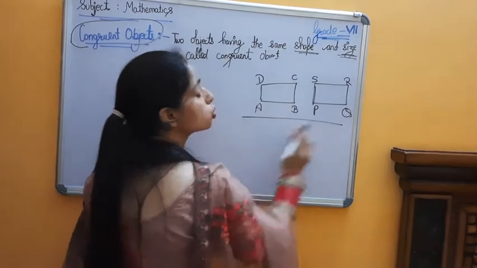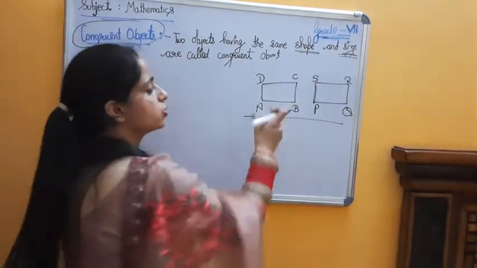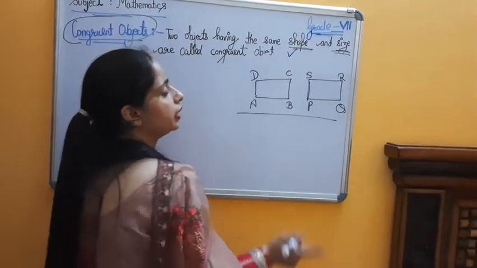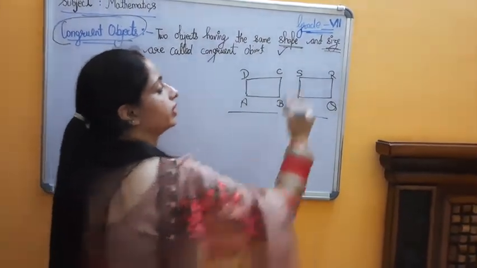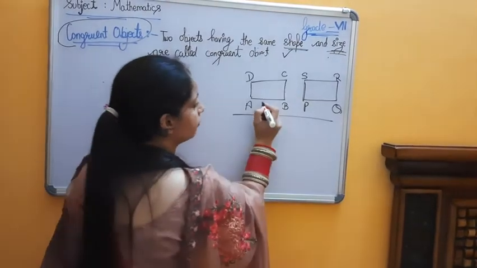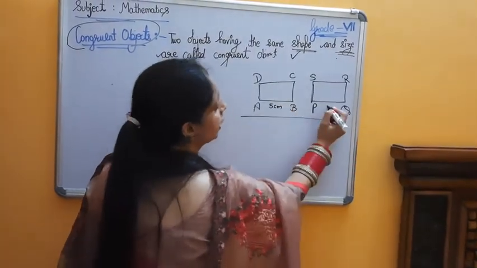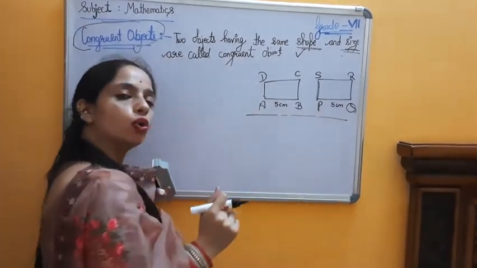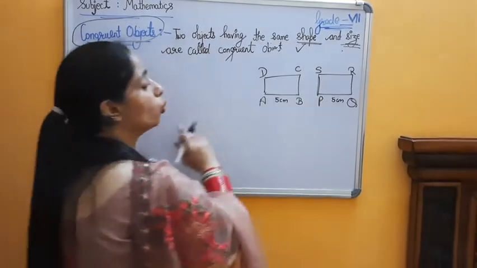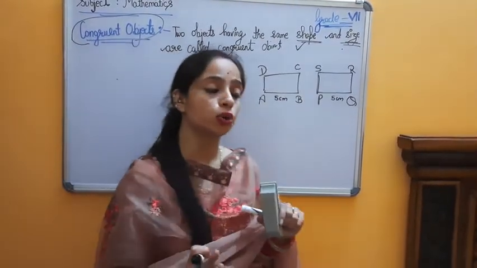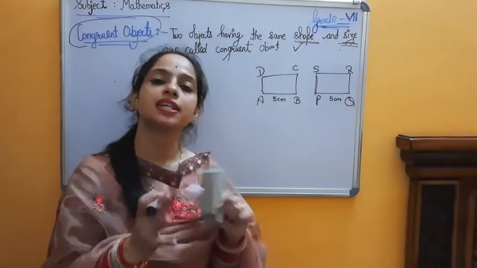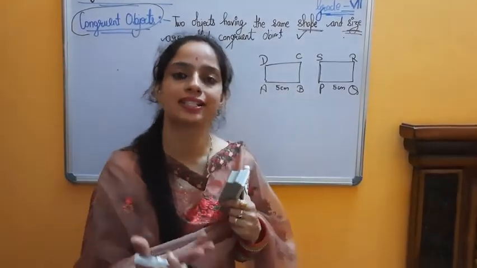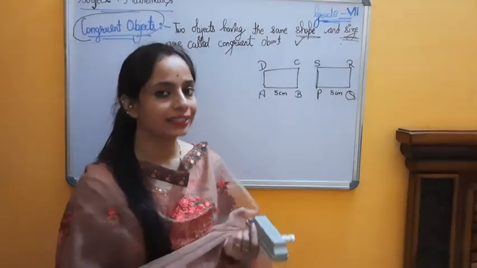When both are squares, this means they have same shape. Now they are congruent when their size is also same, means if this one is 5 centimeter and this one is also 5 centimeter, these two are congruent. So two squares are congruent when they have same side, means the length of the side is same.